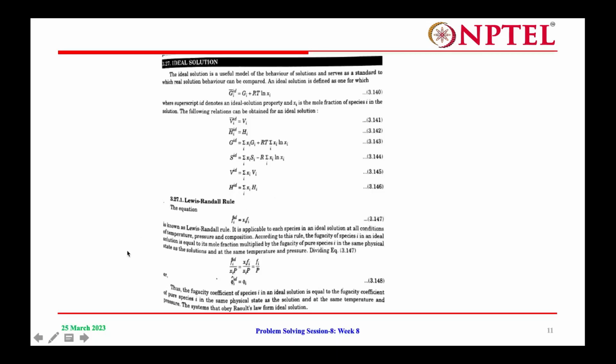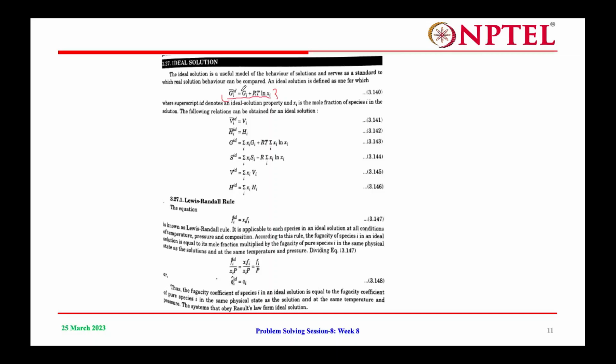Now, ideal solution. This is the equation: G_i^ID, where ID denotes the ideal solution property, equals G_i plus RT ln x_i.